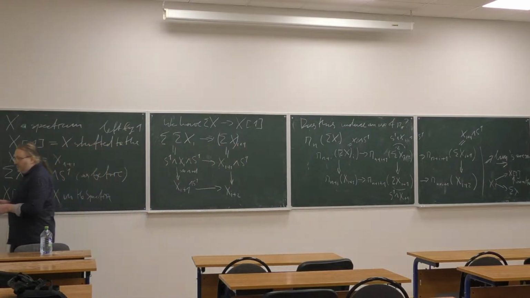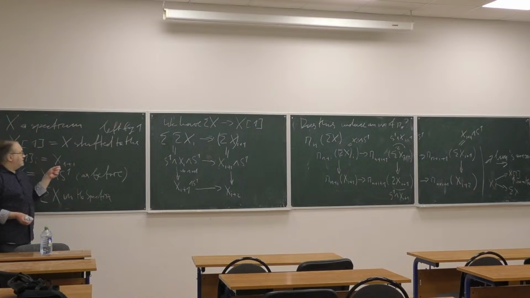What does this mean? Well, this functor is an equivalence. So this functor is also an equivalence. It's isomorphic to an equivalence, which makes it also an equivalence.